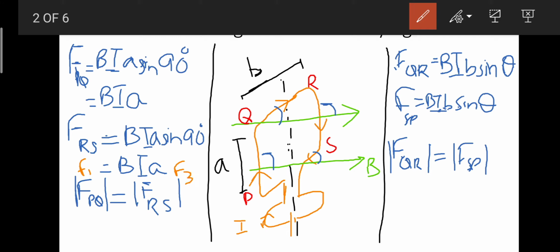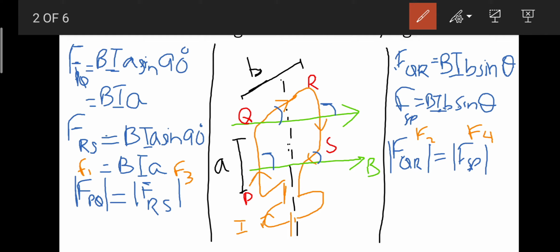Obviously it is coming after QR, so that's why I'm giving it the name F3. Now this FQR is force F2, and this is the force F4. So we see that the magnitudes of F1 and F3 are the same, and the magnitudes of F2 and F4 are the same. So in terms of magnitude they are the same.